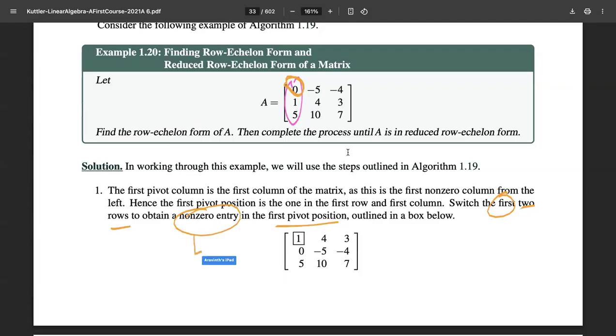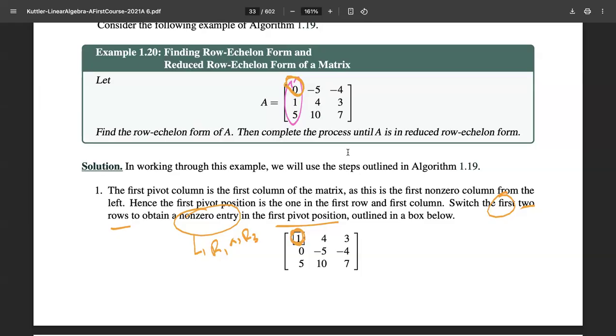So we swap rows 1 and 2. This is our first row operation. And then our first pivot position goes to the top, right? Okay, cool. Step 2 of the algorithm involves creating zeros below the first pivot position.